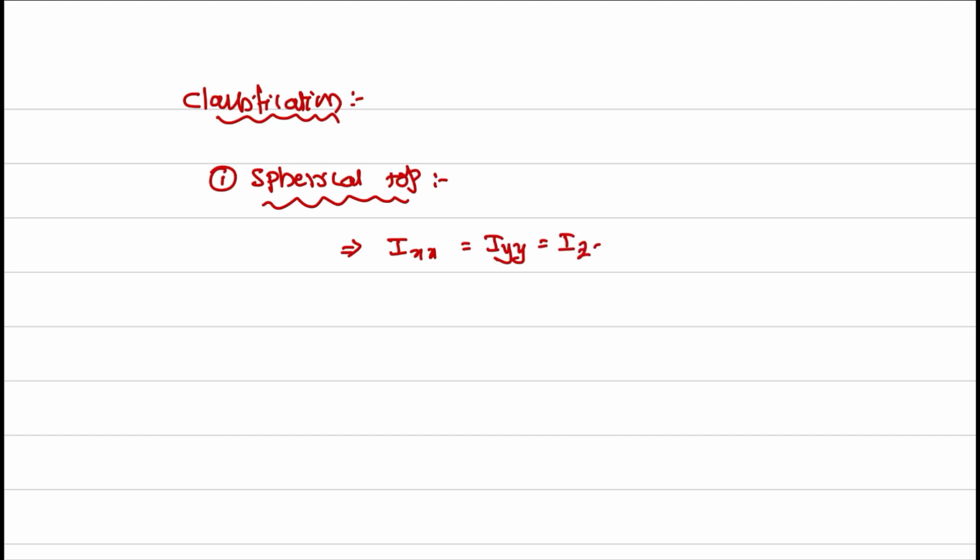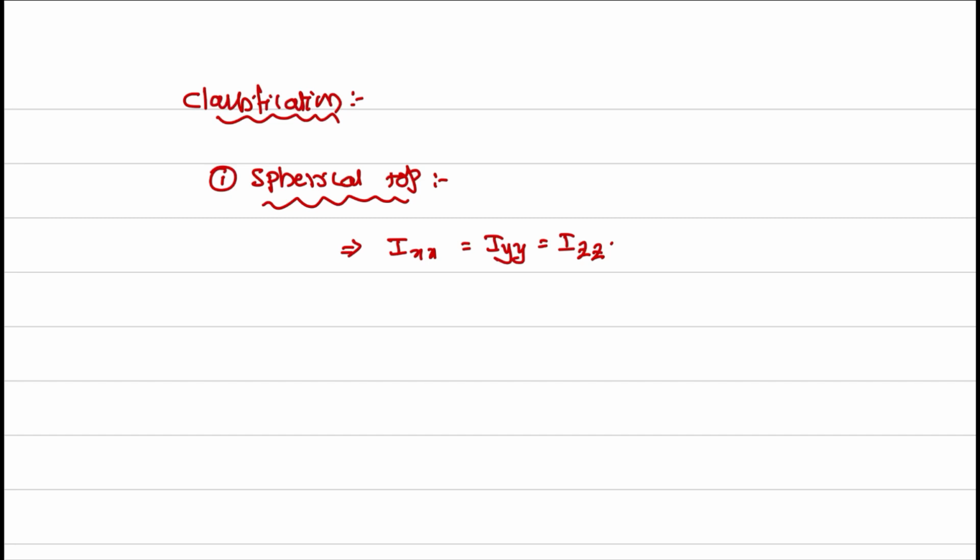A rigid body is called a spherical top, I am talking about spherical top, if Ixx is equal to Iyy is equal to Izz.